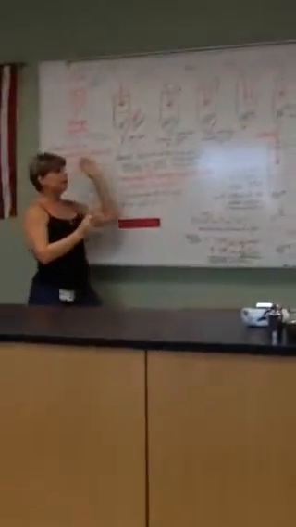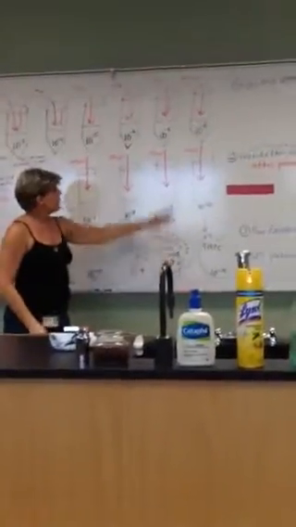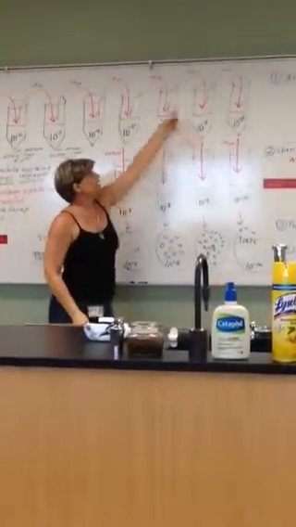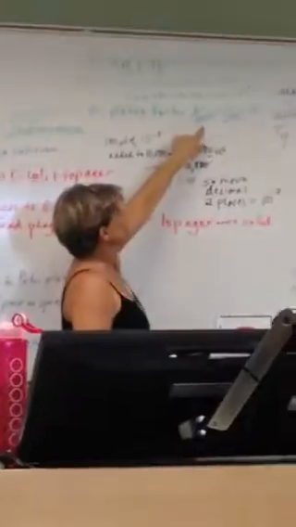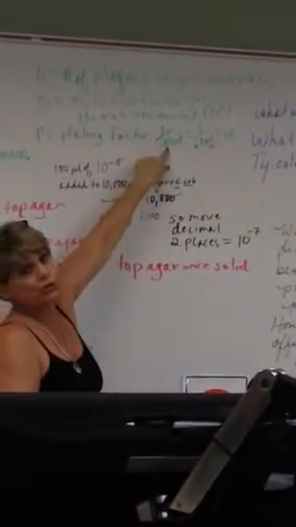So when I was diluting down, I got it down to 100 microliters, but when I go back, it's going to be the opposite. So your plating factor is 1 divided by the amount that you plated of the virus solution.